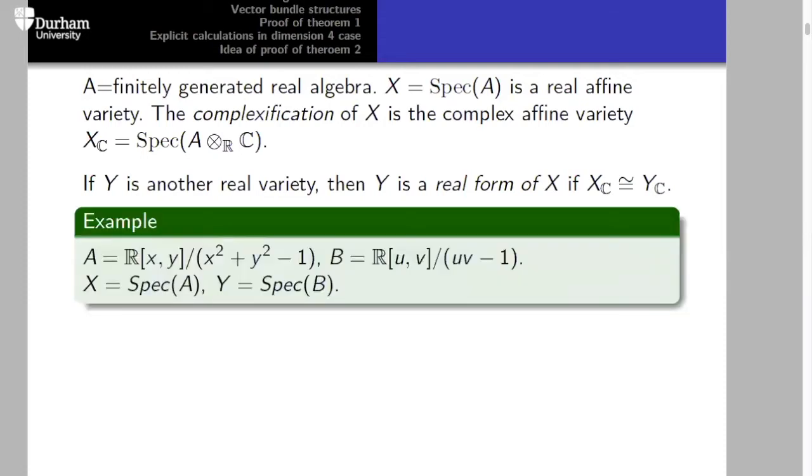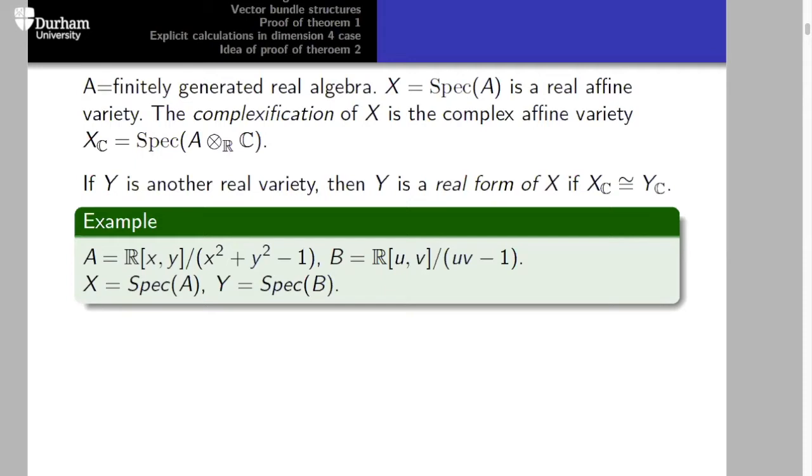So I'll give you an example. If you take the ring in two variables, x and y, that satisfies x squared plus y squared equals 1, and you take another one in two variables where u times v equals 1, the set of real points of the first variety X is going to be a circle, and of the second one will be a hyperbola.